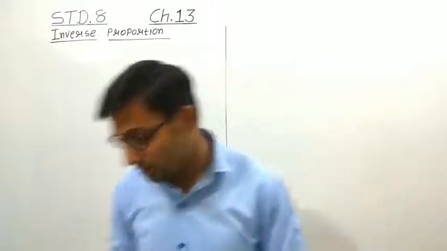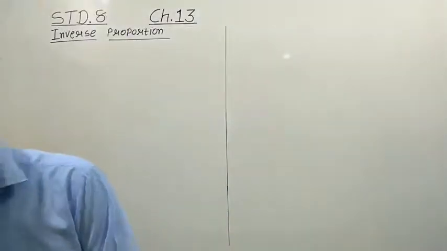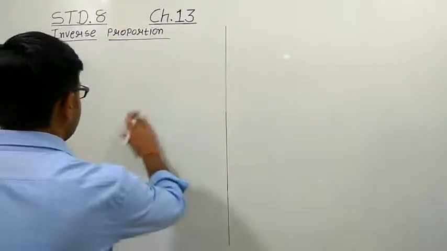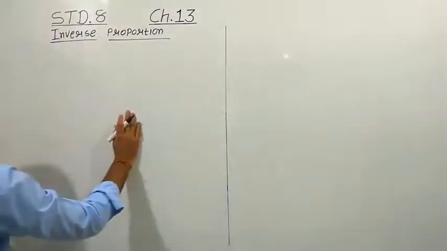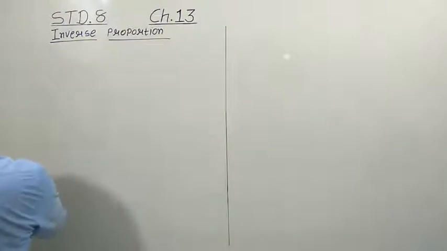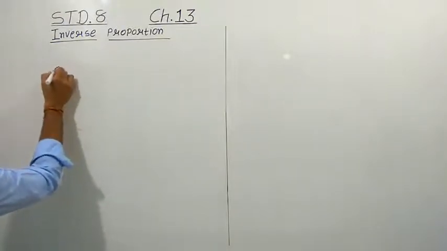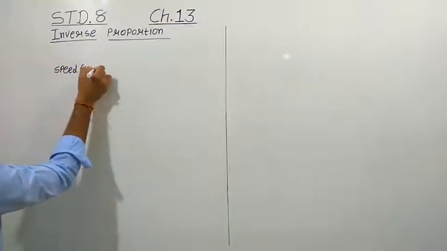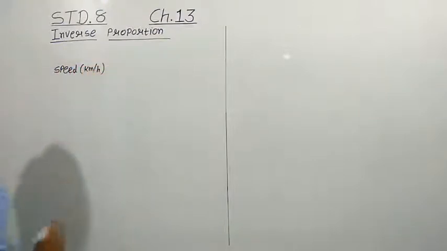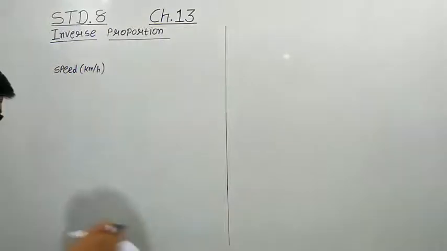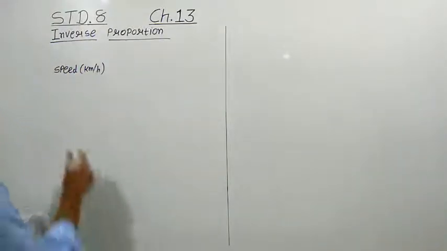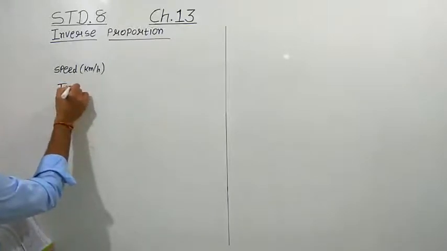So let us understand this by taking some numerical values, right? Suppose here we have two quantities. First is the speed, which is in kilometer per hour, and here let us take the time, in minutes.